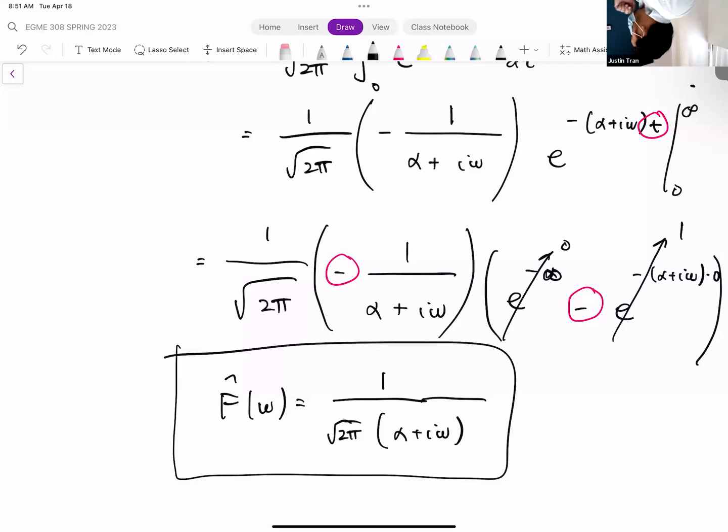For homework 6 and for exam 2, I'll probably tell you whether I want the complex Fourier transform or the Fourier integral. But just know that in general, if you have a non-even, non-odd function, the complex Fourier transform works. All right, so that's about it. That's it for the calculation portion of Fourier transform. There's really not that much to it.